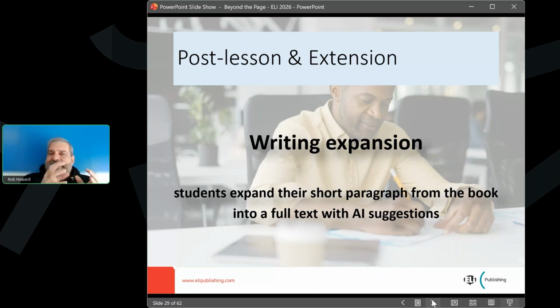So you can take that text from the book, put it into AI, and say, can you expand this into a bigger story, giving more details about whatever the particular things are that you want more detail on. So this gives them an additional story that they can read and work on themselves.